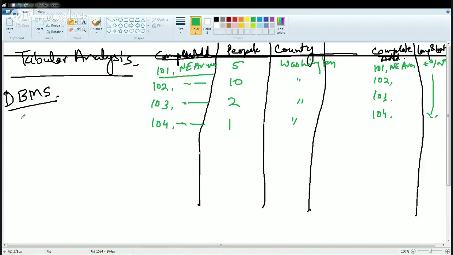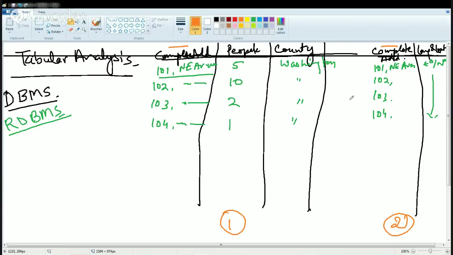Now I would be explaining another concept, that is RDBMS, the relational database management system. In a relational database management system, I have two separate tables. For example, this is table 1 and this is table 2. What we can see in both tables is that the complete address is common to both.